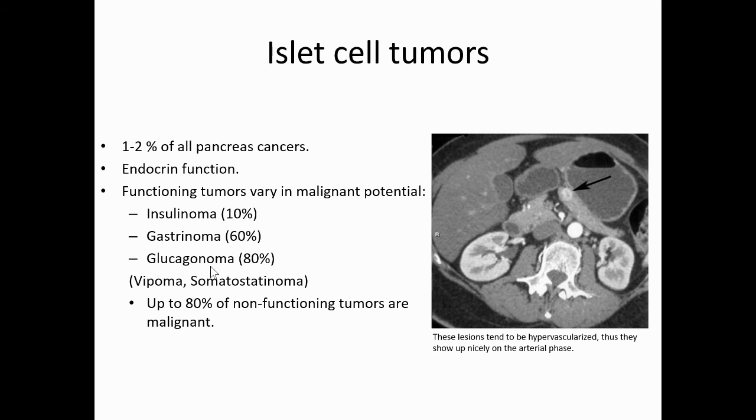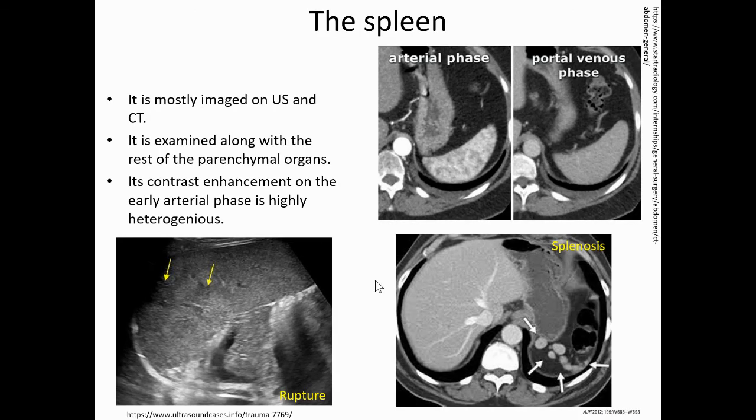Glucagonomas are the worst ones in that sense, and in the textbook it says that up to 80% of non-functioning tumors are malignant. And since they are hypervascularized, then at CT you will usually see that there is a round, white, bright lesion on the arterial phase, and that's diagnostic for an islet cell tumor of the pancreas.